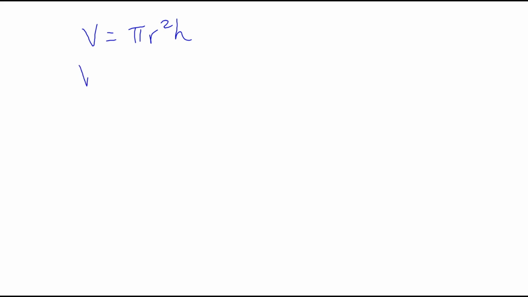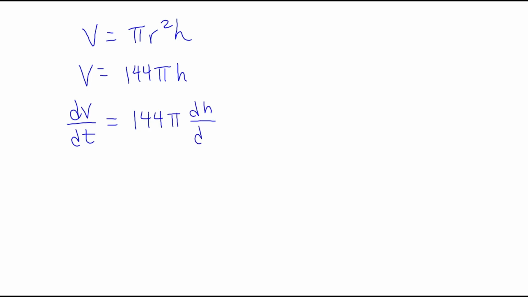So we know that V is actually equal to 144 pi h, since the radius was 12. And so we can take the derivative of this with respect to time, getting dV/dt is equal to 144 pi dh/dt. And we have dV/dt.